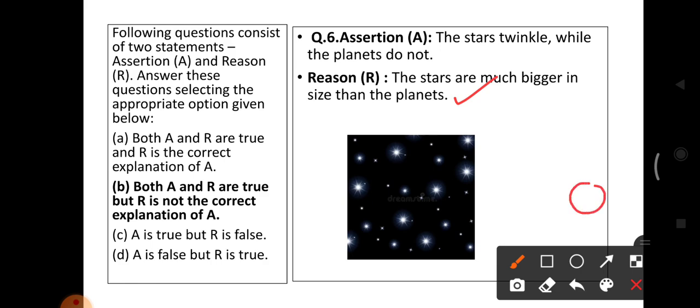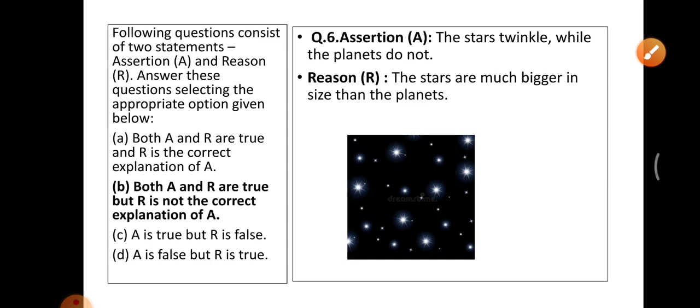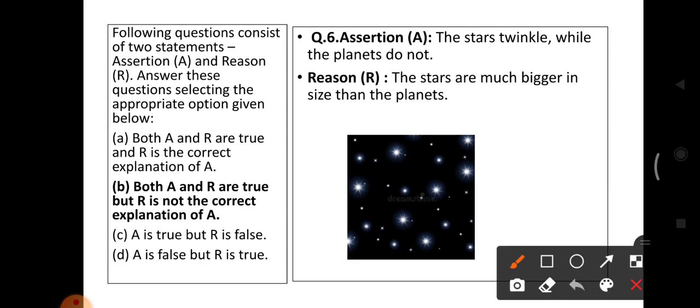Comparing to the planet size, the star size is bigger, but due to the bigger size, the stars do not twinkle. The stars twinkle because of atmospheric refraction, not the size.